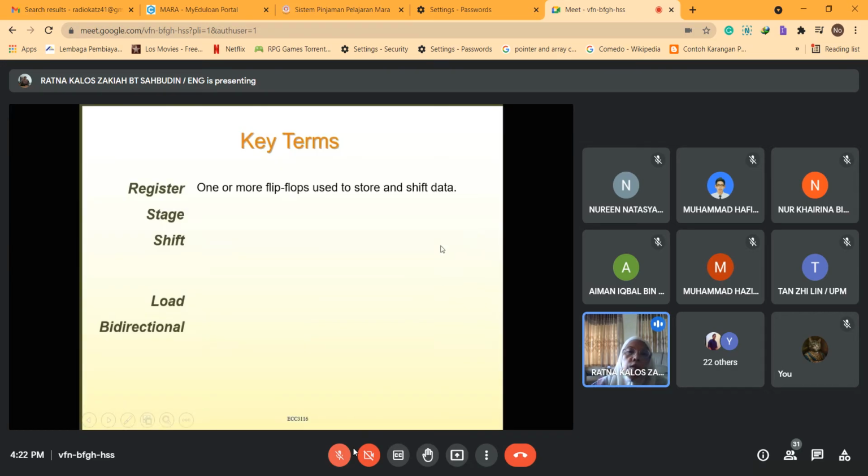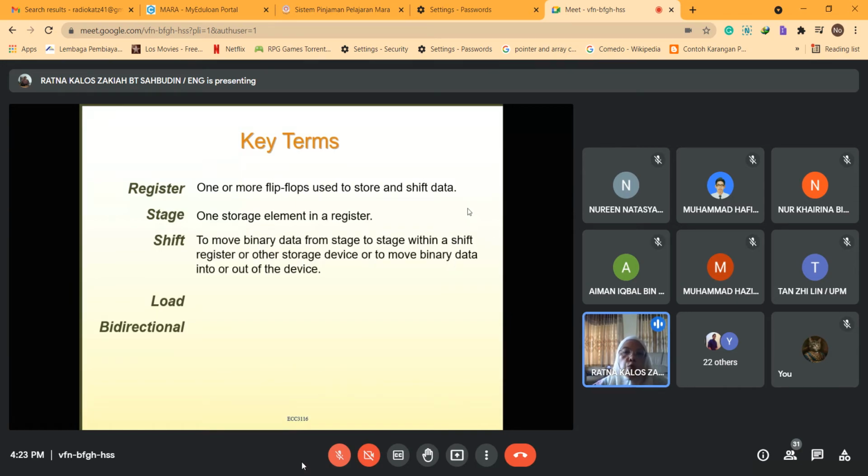Now, key terms. What is a register? One or more flip-flops used to store and shift data. Stage is one storage element in a register. Shift is to move binary data from stage to stage within a shift register or other storage device, or to move binary data into or out of a device.